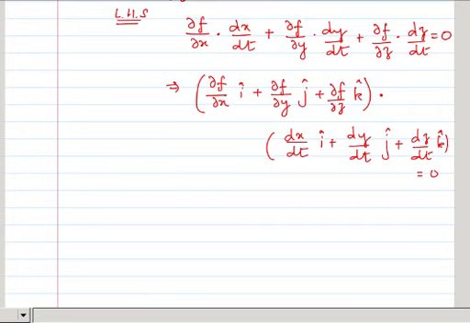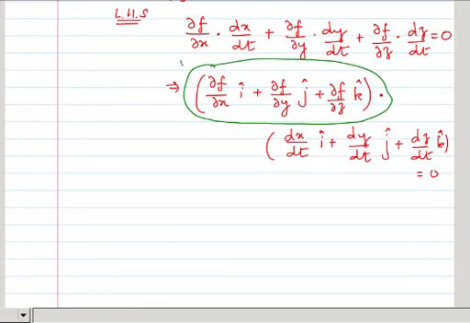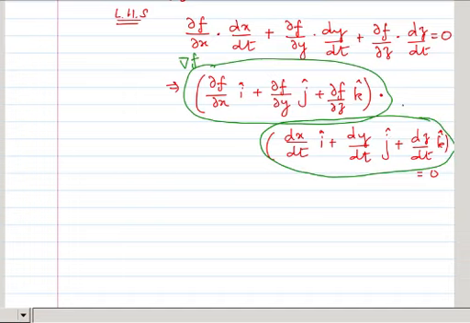Now look, the first term is nothing but the gradient of f. The second is the derivative of the curve with respect to time, which is the tangent vector. So gradient f dot the tangent vector t equals 0. It is not a t cap, it is the tangent vector t.